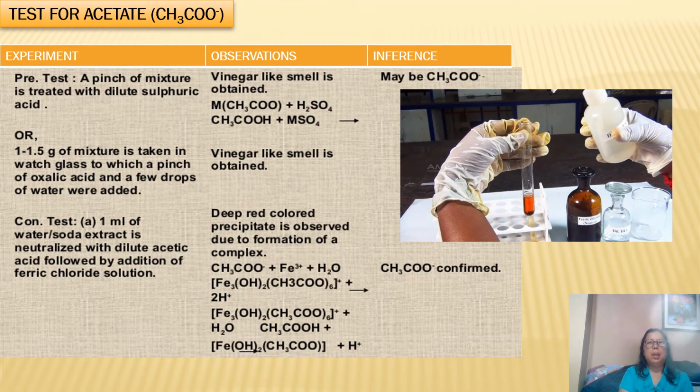If the experiment exudes a vinegar-like smell, then maybe acetate is present. But how to confirm this? The addition of dilute acetic acid followed by addition of ferric chloride will form a deep red precipitate. Then it confirms that acetate is present.